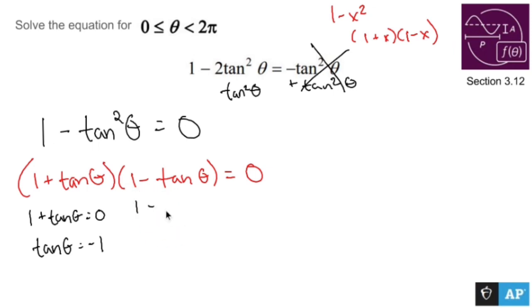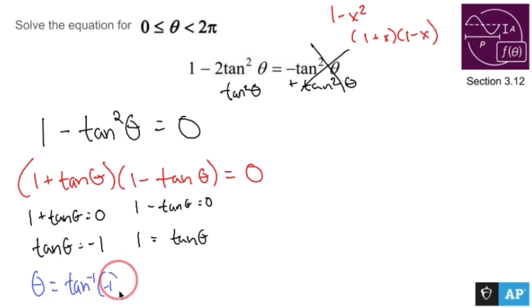I should write this out as 1 minus tan theta equals 0. Let's add tan theta to both sides, so 1 equals tan theta. There you have it. In order to get theta all by itself, you inverse tan both sides. So theta is going to be the inverse tangent of negative 1. Also, theta is going to be the inverse tangent of regular 1.